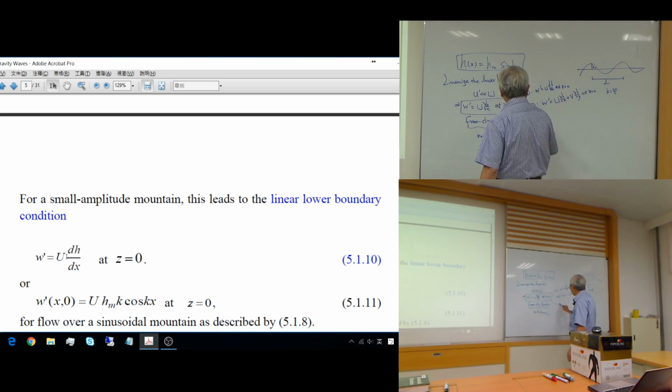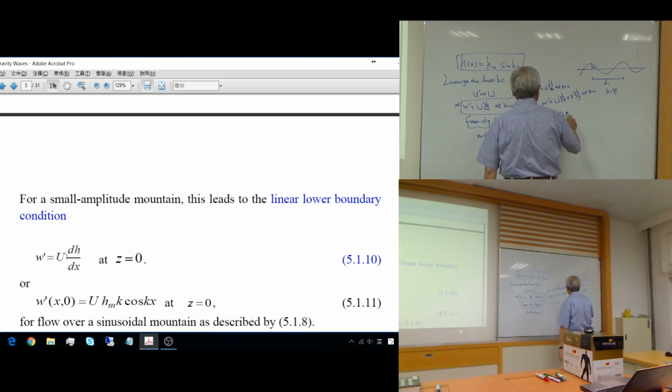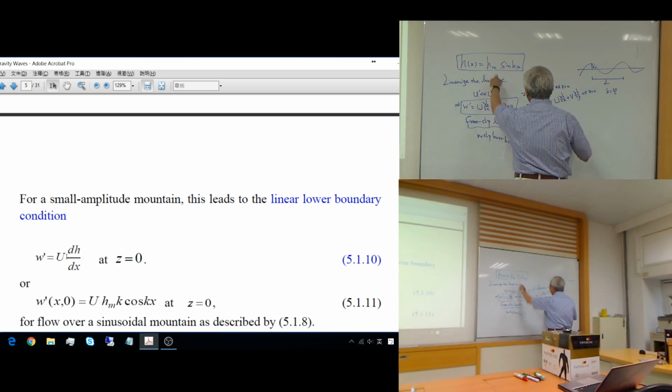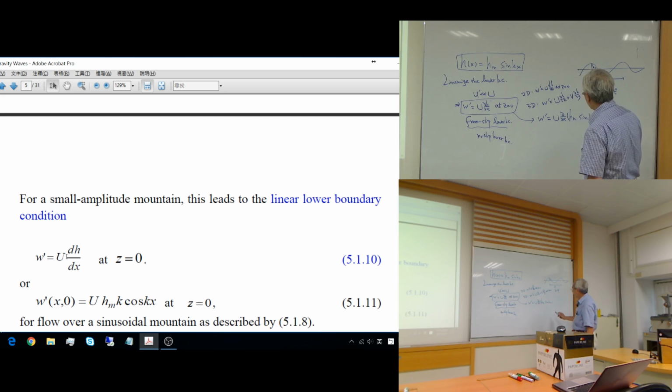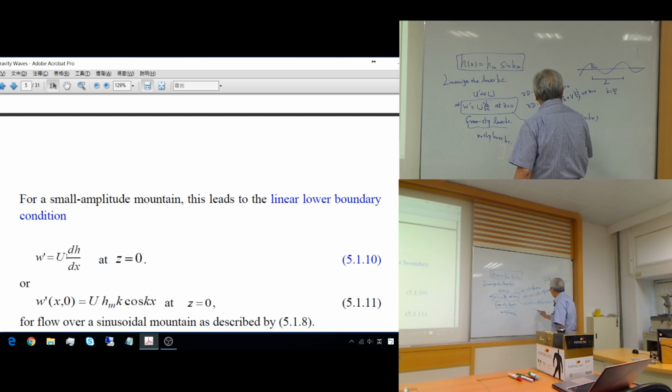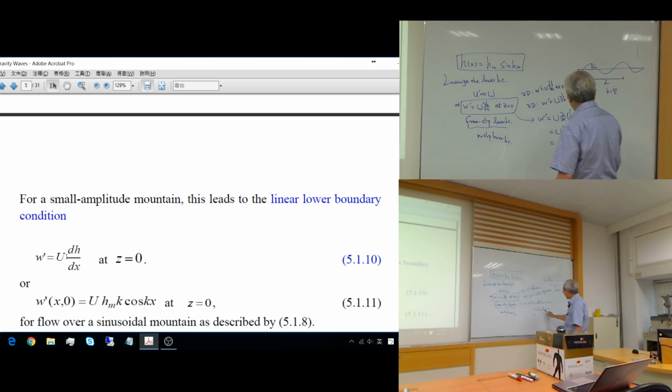So that gives us w prime equals U partial x of this h of x, that is h_m times sine kx. So that gives us U times h_m and then d/dx of sine kx.